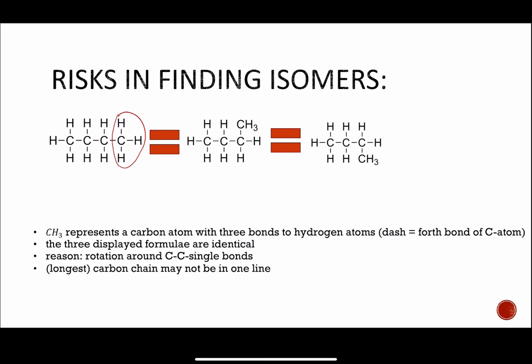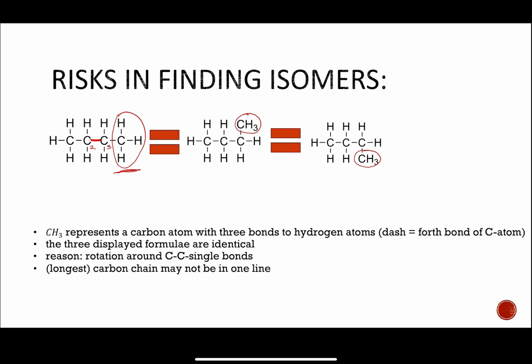And now the reason why all these representations are the same is that around single bonds, rotation is possible. And if we rotate around this CC bond between the second and the third carbon atom, then the CH3 group may be at the top in one case, or at the bottom in another situation, or maybe also in the middle, and that would be this representation.